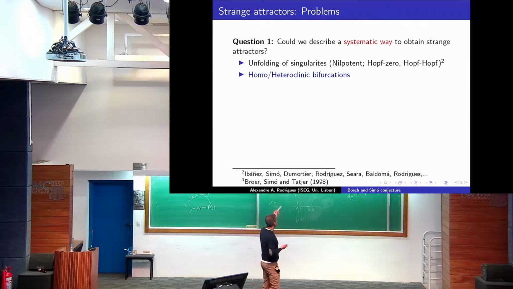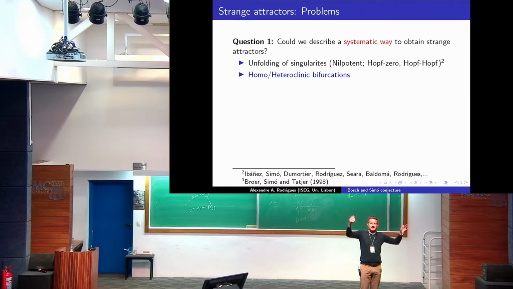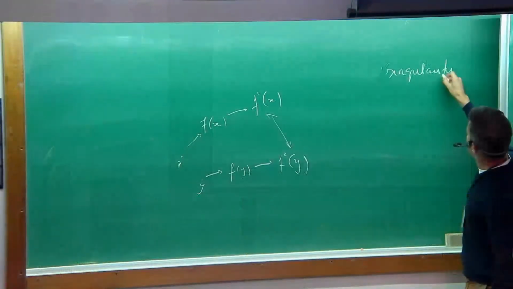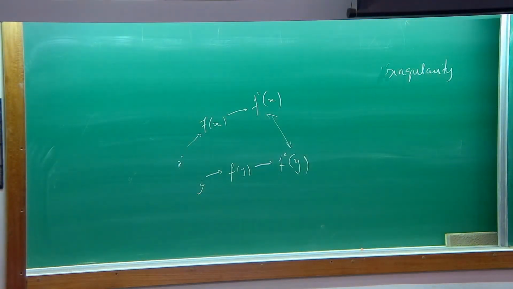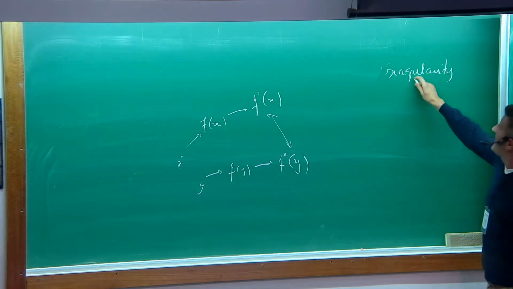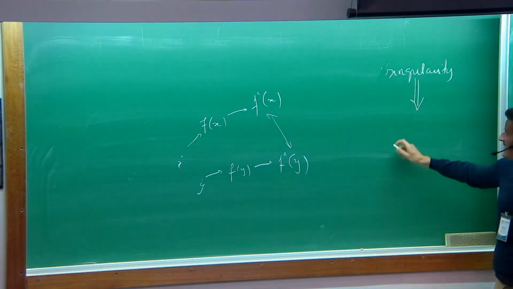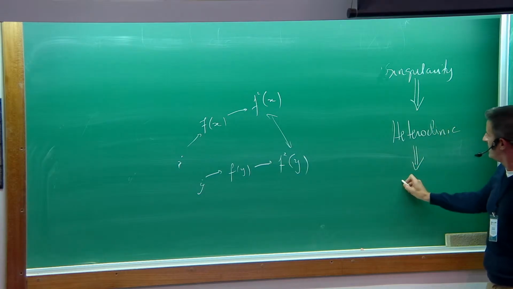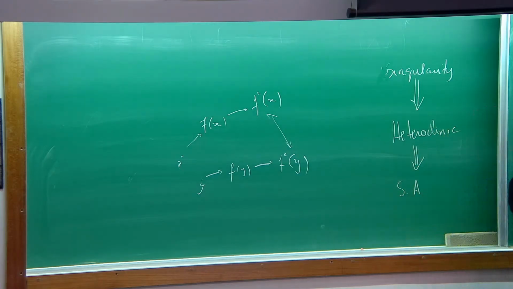In my research, my starting point are the heteroclinic bifurcations. The people in Oviedo and Barcelona have a singularity, for example, a nilpotent singularity, Hopf-zero, and when they study the unfoldings, they have some heteroclinic configurations and they prove the existence of strange attractors. My starting point is this one, motivated by works in singularities.